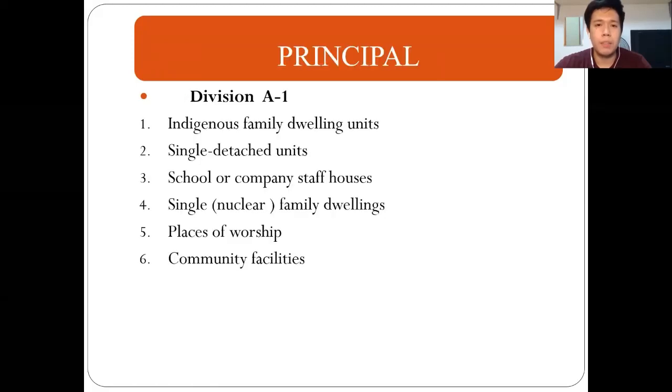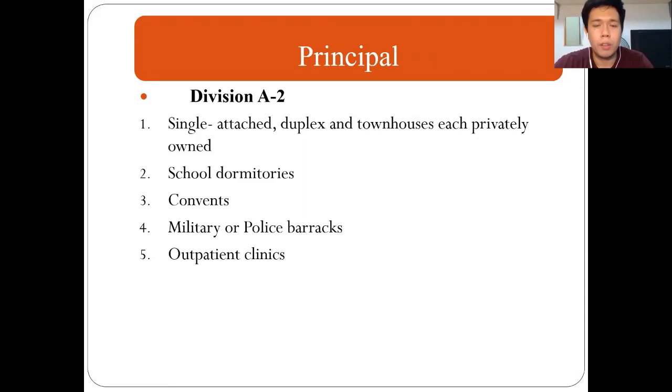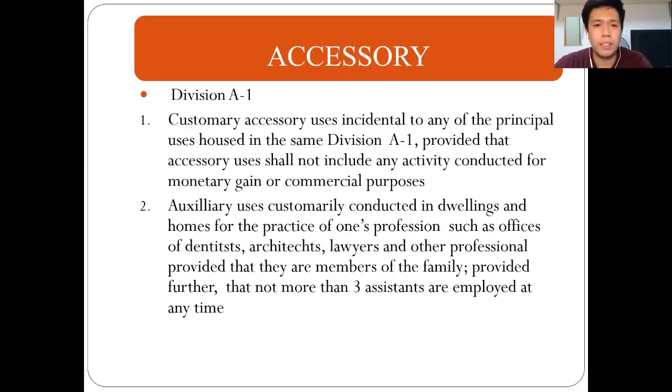For principal uses, Division A1 includes indigenous family dwelling units, single detached units, school or company staff houses, single family dwellings which are nuclear, places of worship, and community facilities. For Division A2, single attached, duplex and townhouses, each privately owned, school dormitories, convents, military or police barracks, and outpatient clinics.